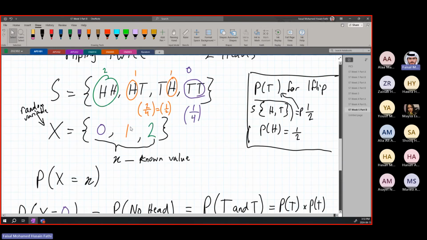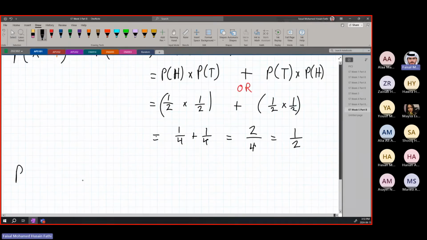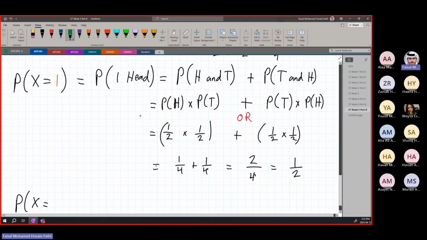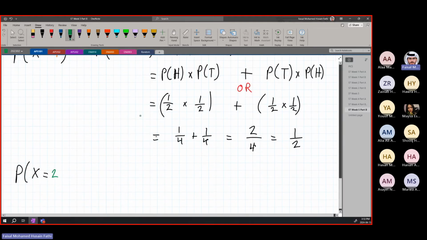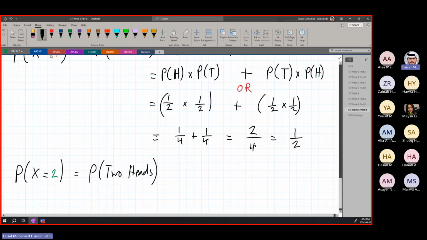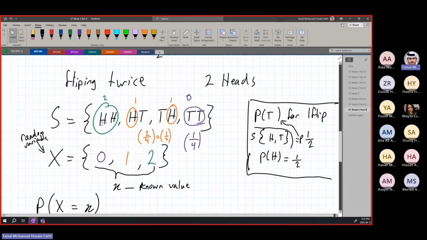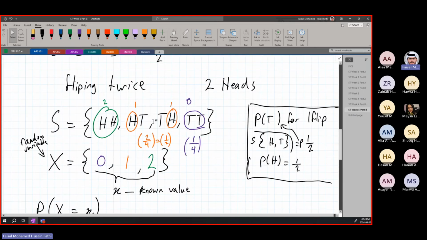And now if we look at x equal 2, so the P of x is equal to 2. 2 was in green. Yes, 2 was in green. 2 heads. This is basically meaning that we are going to get 2 heads in a row. So this is P of 2 heads. Okay? In other words, this is basically when we get this one case, which is heads and heads.